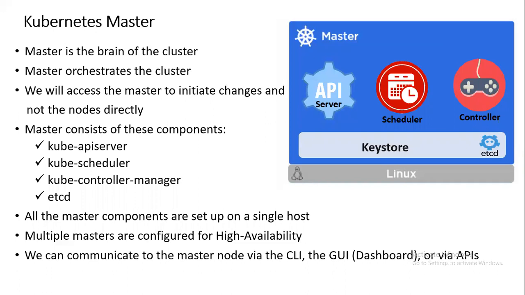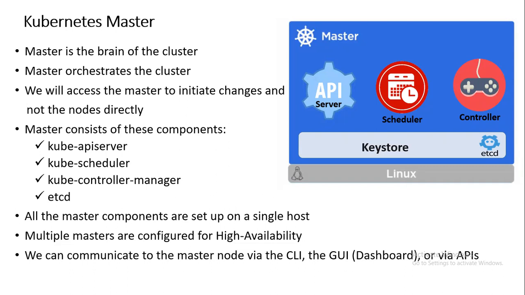That way, the controller tells the scheduler what it has to do to achieve the workload. So the controller reads from the key store, checks the desired state, and anytime a change is needed, it will go ahead and update the scheduler to do the work.